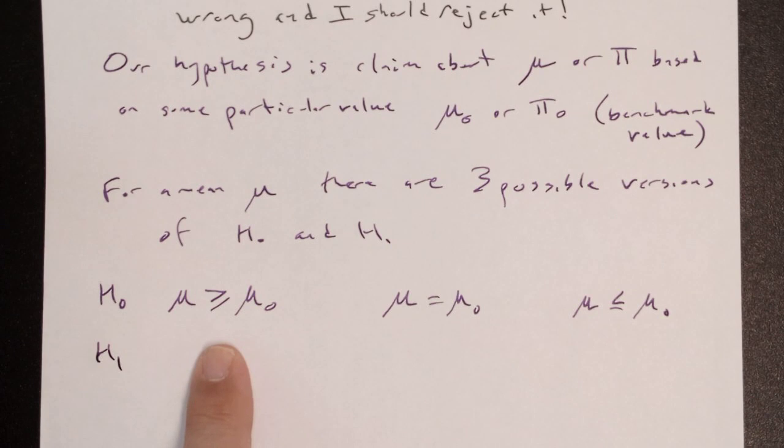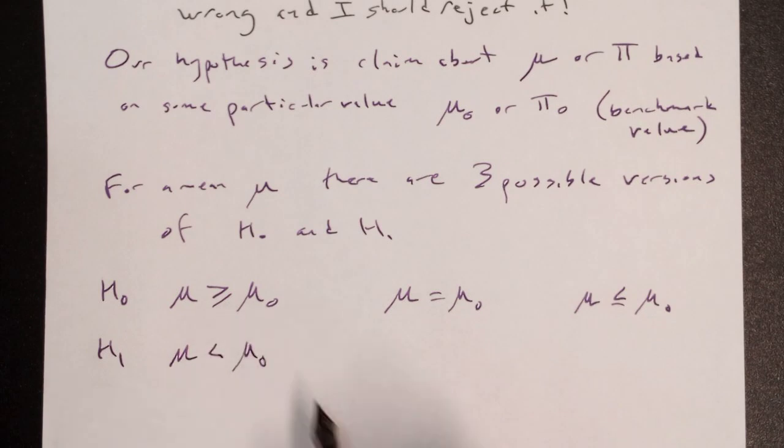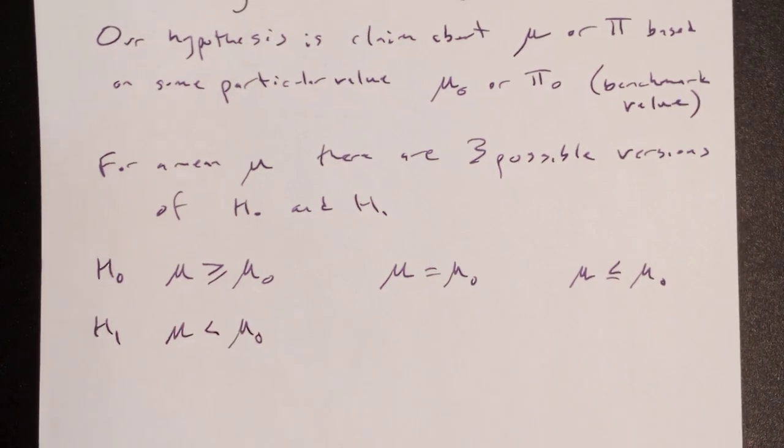Each of them has a corresponding alternate hypothesis. For this one, what's my alternate hypothesis? Less than the benchmark. Remember, it's got to be mutually exclusive and it's got to be completely exhaustive. I covered everything bigger than or equal to. Now I need to cover what's left.